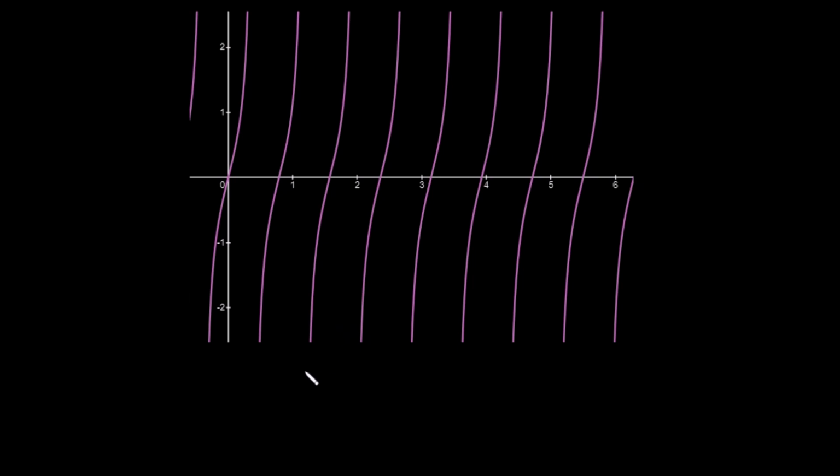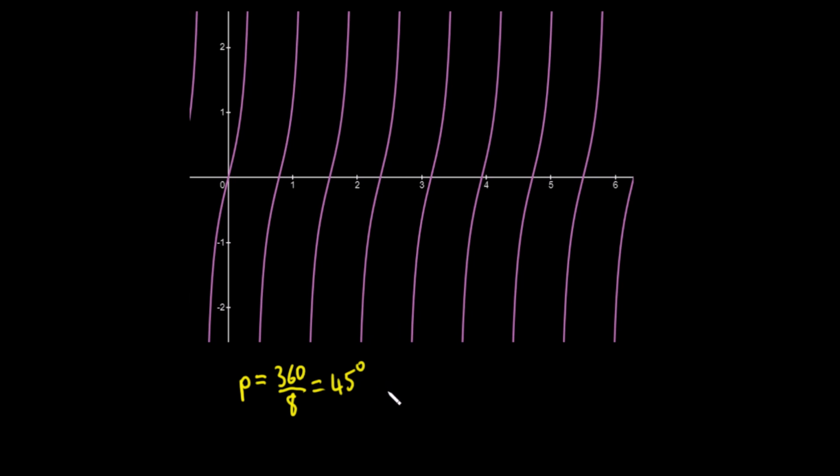So we could say here that the period then is going to equal 360 divided by the 8, which is equal to 45 degrees. So this repeats every 45 degrees, which is this point here, and that's another 45, another 45, and we keep adding all those 45s up until we get to this point here, which is 360.